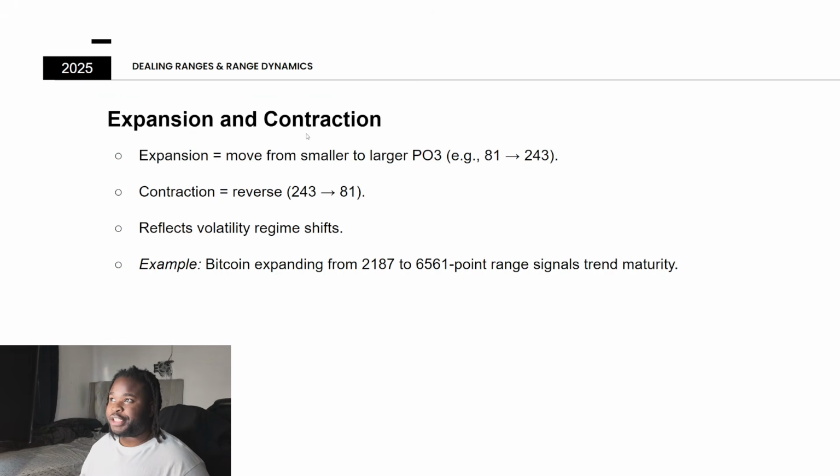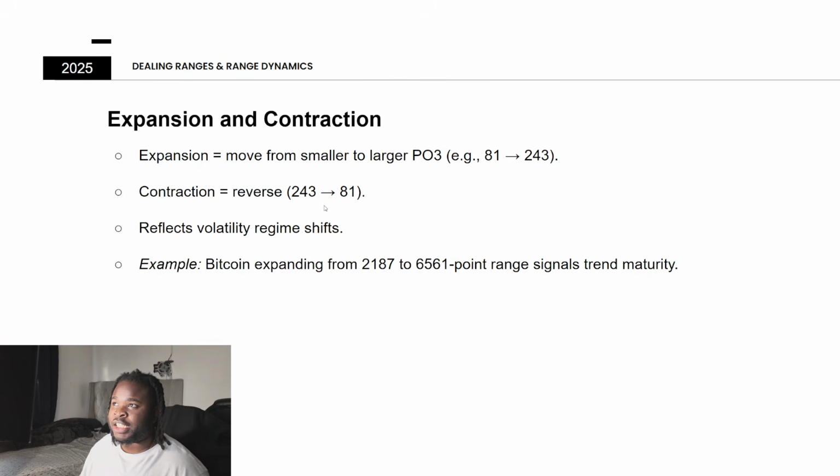Expansion and contraction. Expansion equals a move from a smaller to a larger PO3, from an 81 PO3 to a 243. That's an expansion of your PO3. A contraction equals the reverse, 243 to an 81. It's slowly going to a smaller PO3, right? It reflects volatility regime shifts. This is important, right?